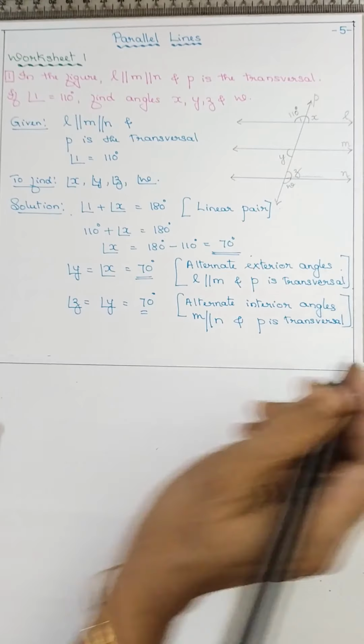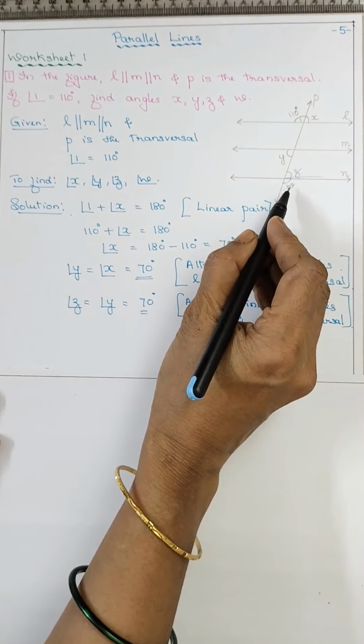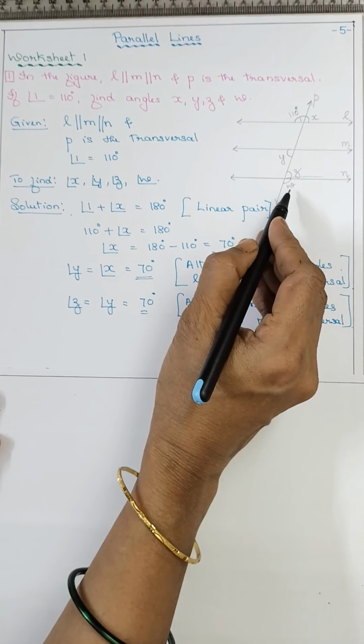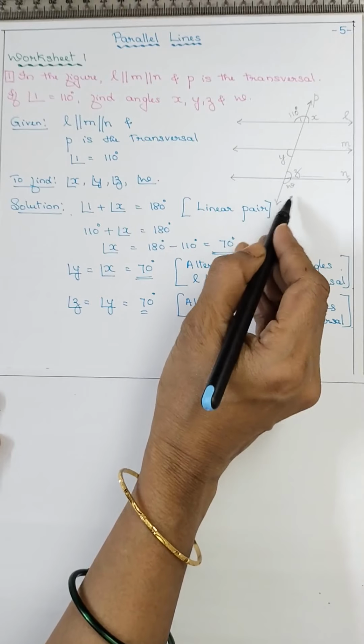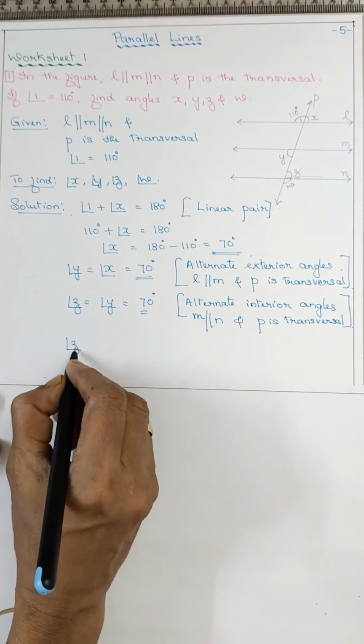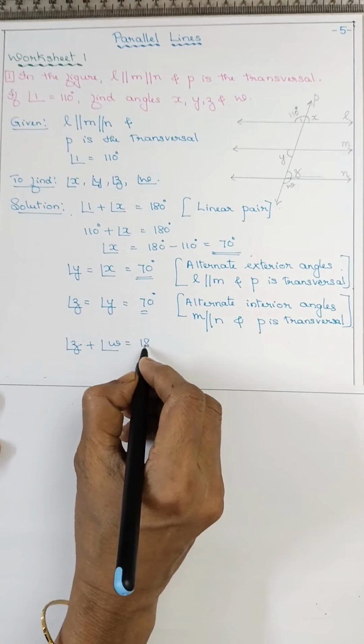Okay. Now W. You can take Z plus W is equal to 180, that is linear pair. Angle Z plus angle W is equal to 180.